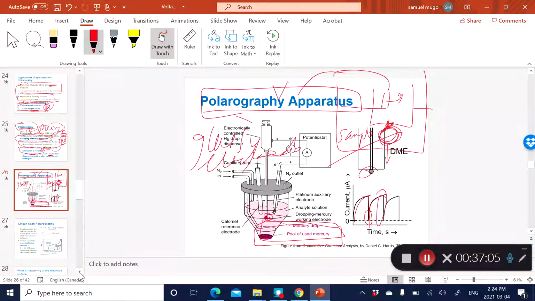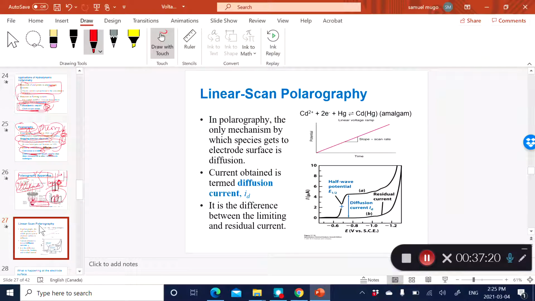The glassy carbon electrode, typically you need to keep polishing it after a couple of times that you have used it, but in this case you can see it replenishes itself. And so typically, your profile will look like that. And as I said before, you look at the background current, and then the limiting current, and the gap between the two is going to be your diffusion current, the ID, which is your analytical signal.